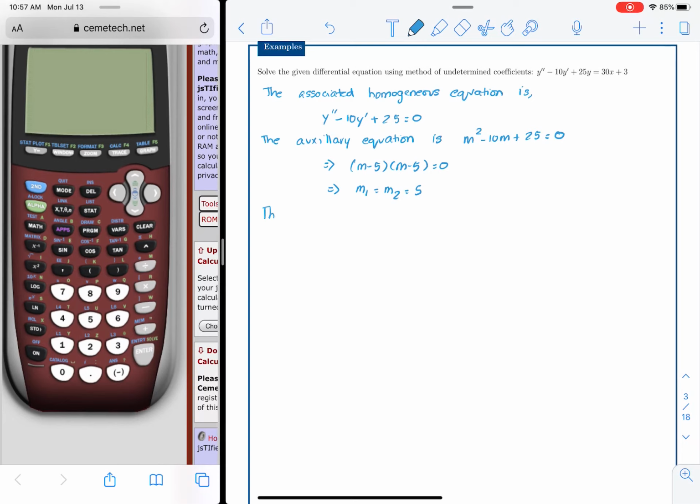So here the roots are real and repeating, which would imply the complementary solution is c1 e raised 5x plus c2 x times e raised 5x.